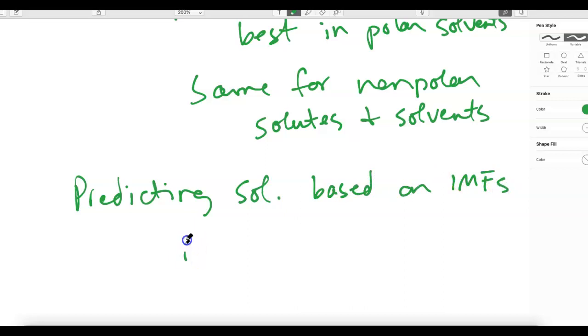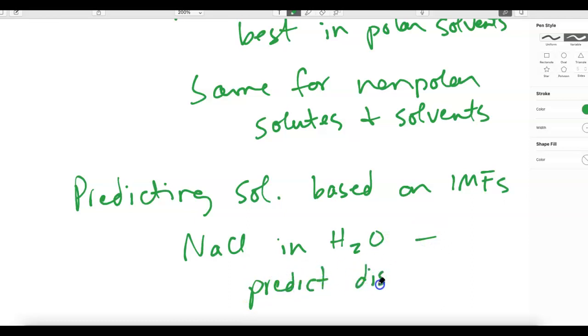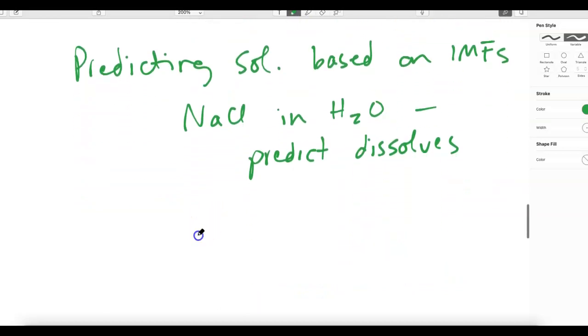Looking at something like sodium chloride in water, we would predict that that's going to dissolve. Specifically because, like I said, it breaks up into the component ions.